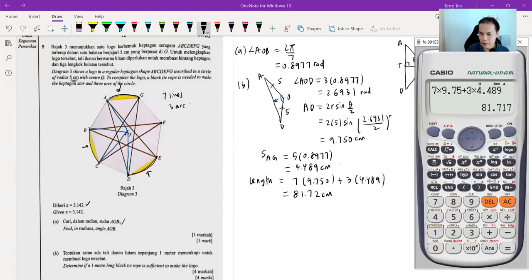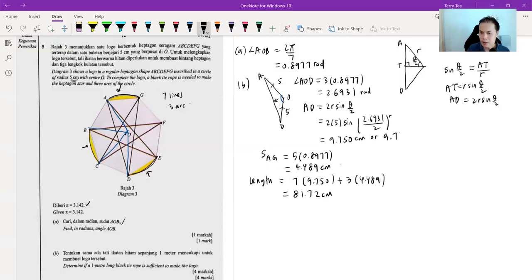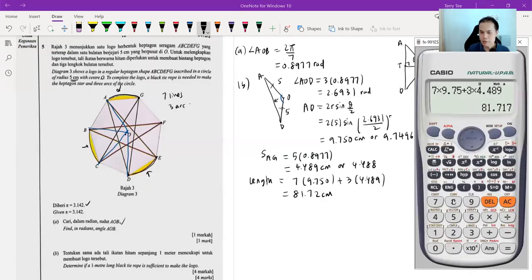Sometimes it might affect the answer. Just now I got 9.7496. This one I got 4.488 something. Let me see again. 5 times 0.8977. Yeah, 4.4885.